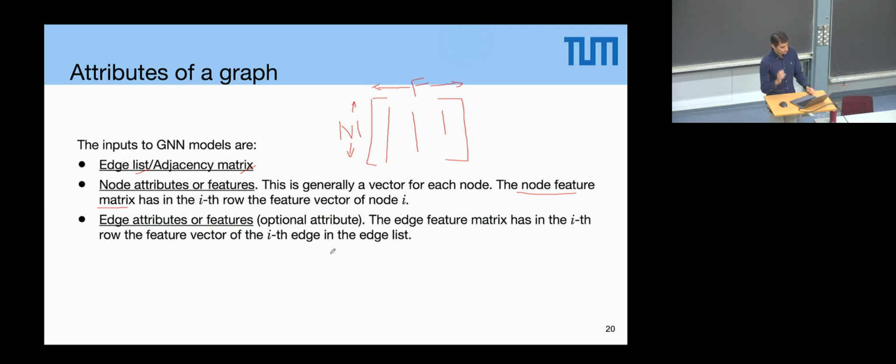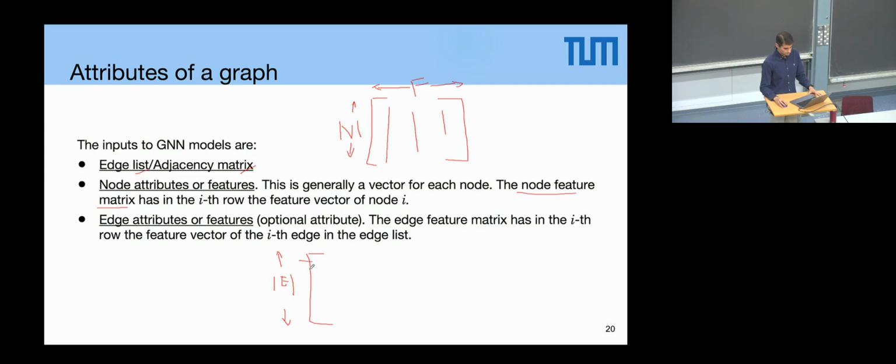For the edges, we have something similar. We were using an edge list representation. We have some features for each of these edges, also stored in the order in which we are storing the edges in our edge list. So we can have in the end a matrix where the number of rows is equal to the number of edges.